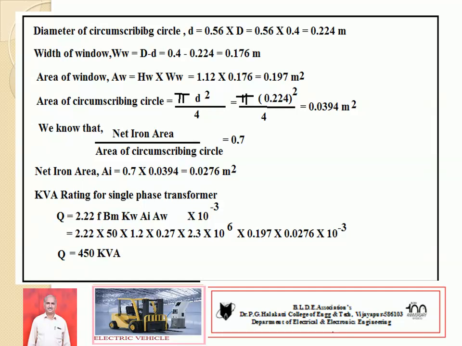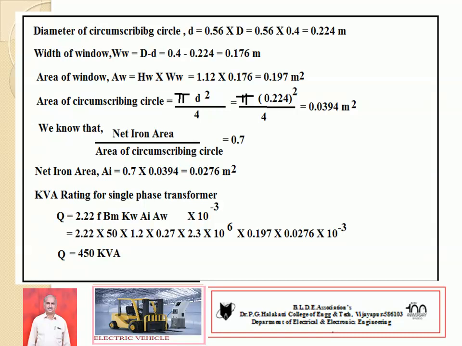Small d is available. Then you go for the area of the circumscribing circle, pi d square by 4. Substitute the values, and I get 0.0394 meter square. Once the area of the circumscribing circle comes, you can use the ratio of net iron area divided by area of circumscribing circle equal to 0.7. From this expression, the net iron area Ai is calculated.